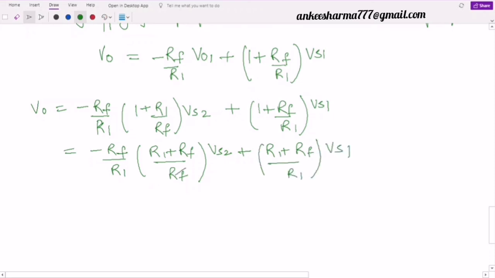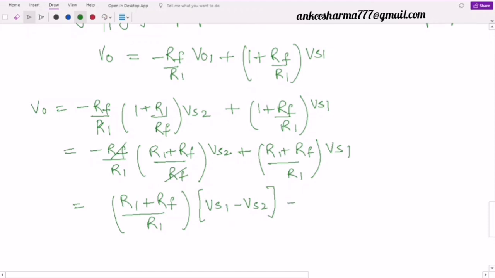So RF will be cancelled out in this, and I will get R1 plus RF by R1 is common in both, so I will take it out. It is R1 plus RF divided by R1, and within the bracket it is equal to VS1 minus VS2.